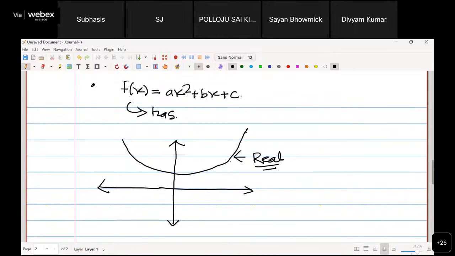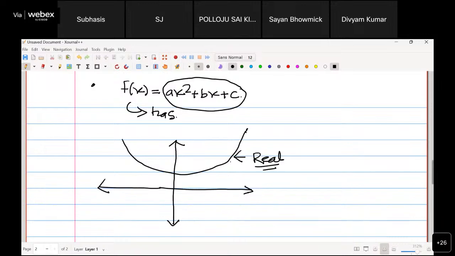Since we know that this quadratic function has two roots, but we don't know whether they are completely real or completely complex, by drawing the graph we can see that this has no real root. So that means it has two complex roots. So we can draw a graph for a polynomial containing complex roots.